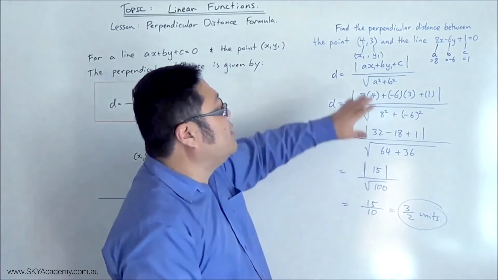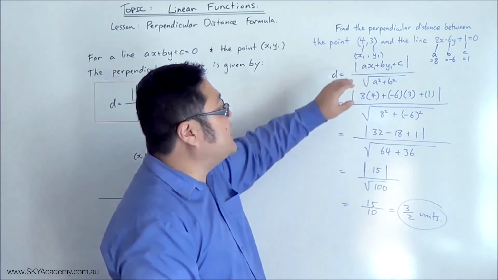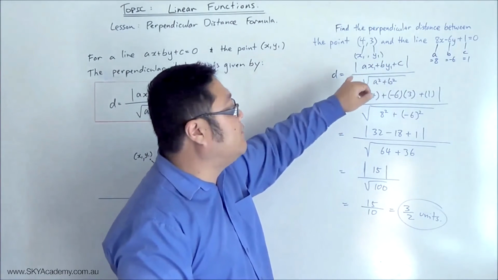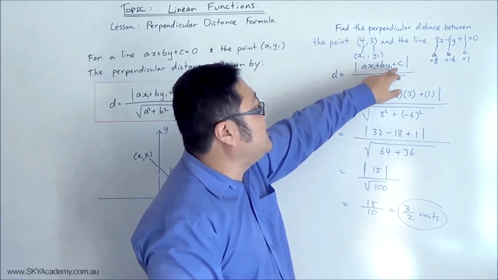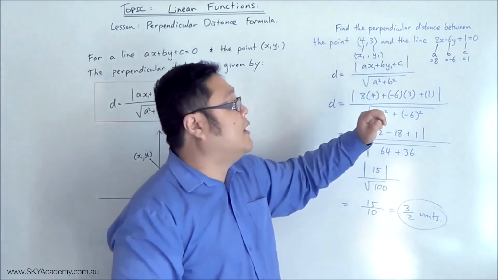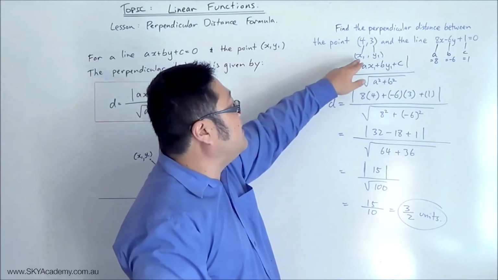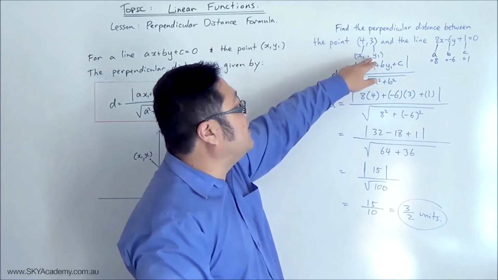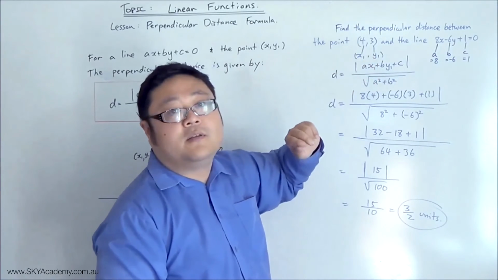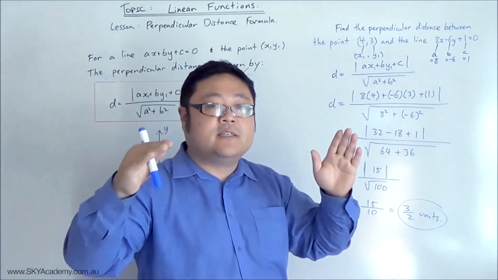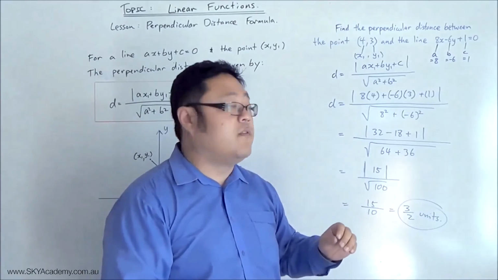Using the formula is just a matter of working out which numbers go where. a, b and c are the coefficients of the terms in general form, and x1 and y1 are the coordinates of the point you're finding the distance from to the straight line.